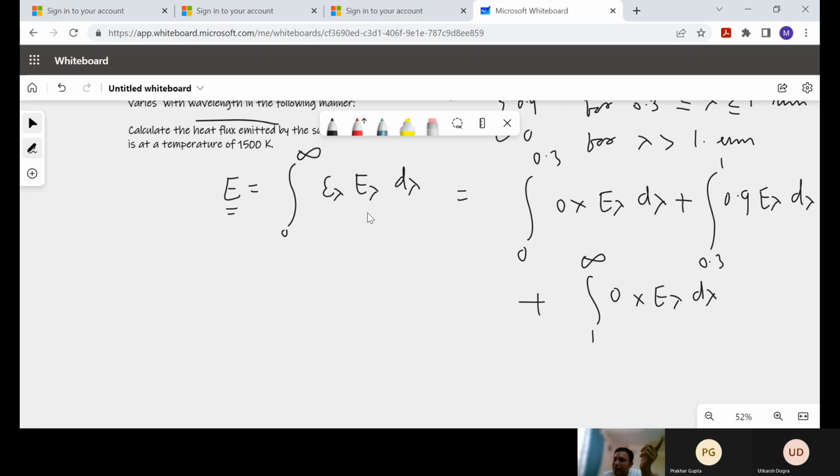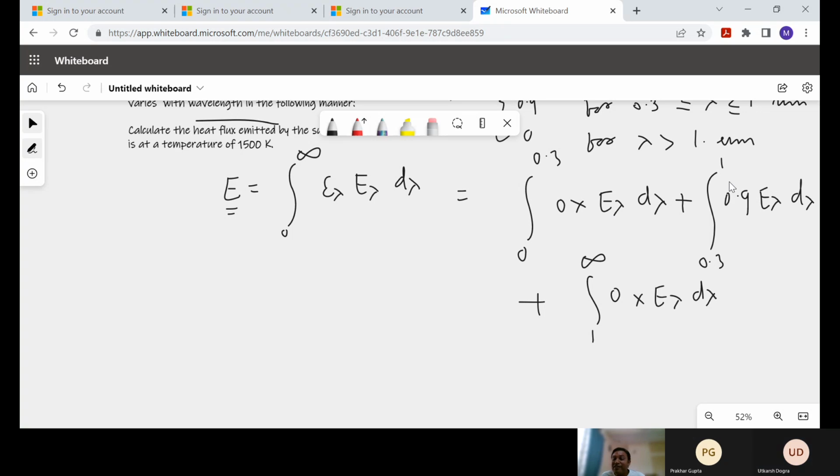But the earlier equation which we derived, sigma into T raised to the power 4, is derived for a perfectly black surface and over wavelength varying from 0 to infinity, if you remember. Here the wavelength is also not 0 to infinity. This part is 0, this part is 0, so you are only looking at 0.3 to 1. So what do you have to do then?